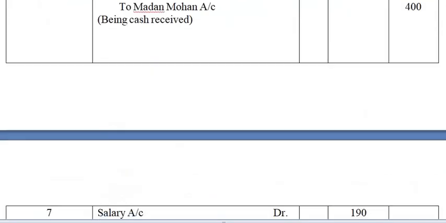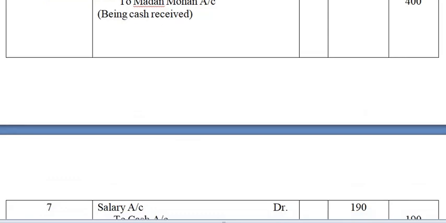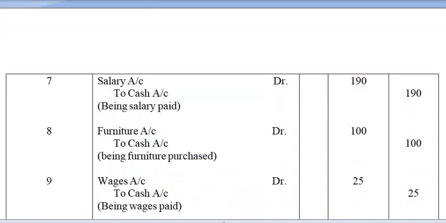Anyway, whenever you go to the next page in your copy, again you have to draw the columns and write date, particulars, LF, then the debit amount and then the credit amount.